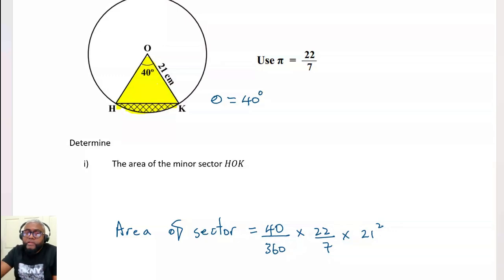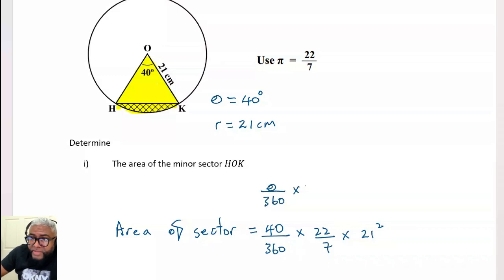R is my radius. What's my radius? 21 centimeters. So your formula is theta over 360 multiplied by pi r squared. We plug in theta as 40.